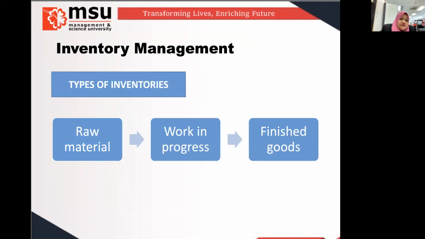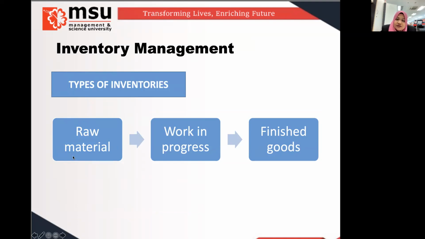Next is inventory management. So inventory management, a part of we need to know how long it is average age of inventory, you need to know the types of the inventory. What is the differences between these three types of inventory? So the first type is raw materials.